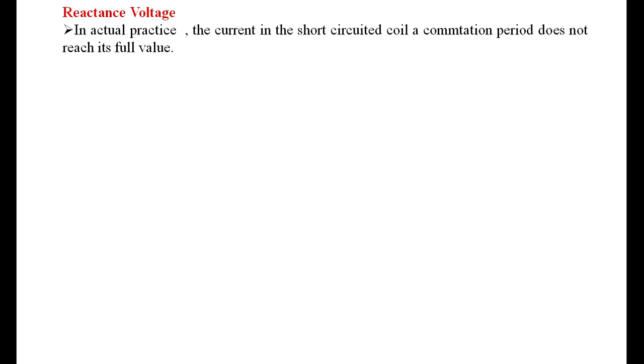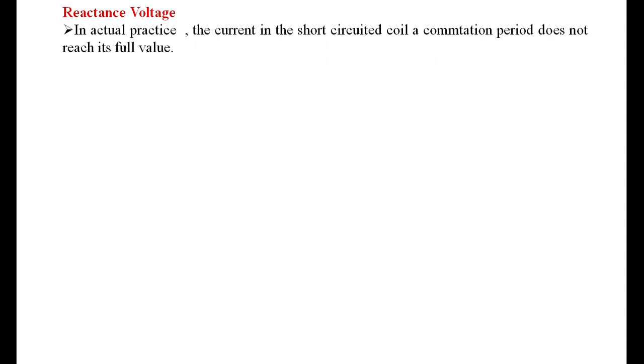Therefore, if there is a change in the current in any coil or conductor, it possesses inductance. The property of inductance is that it opposes change of current in it. Because during commutation there is a change in the current in the coil, there is the existence of inductance, by which a voltage is induced. That voltage is called the reactance voltage. The reactance voltage is given by L di by dt.